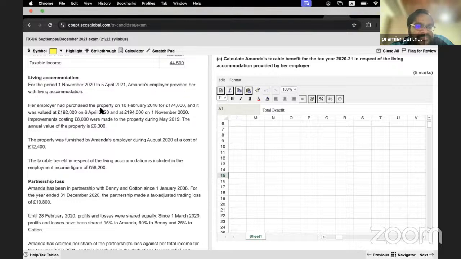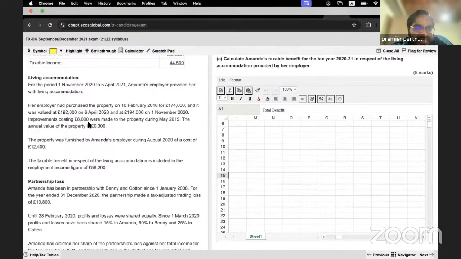Her employer had purchased the property on 10th February 2018 for 174,000 and it was valued at 192,000 on 6th April and at a value of 194,000 on 1st November.